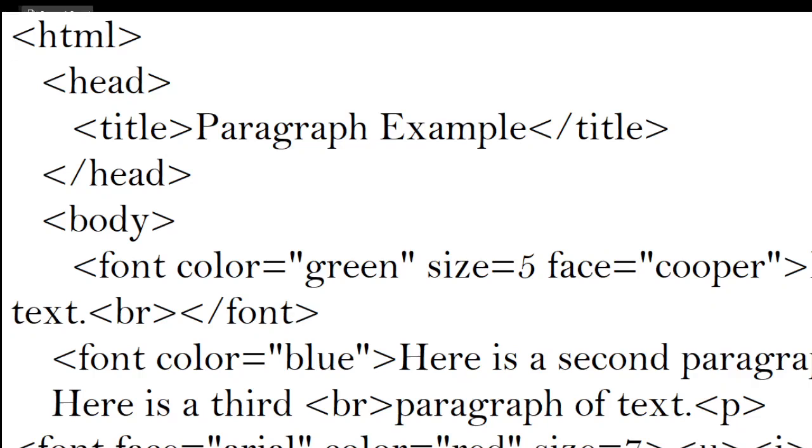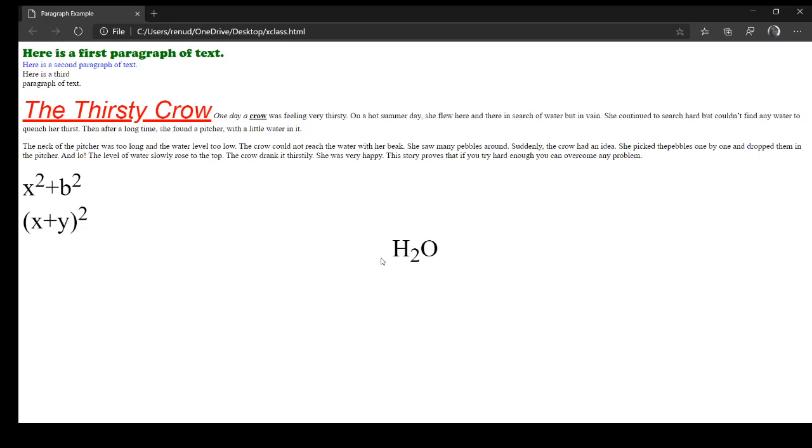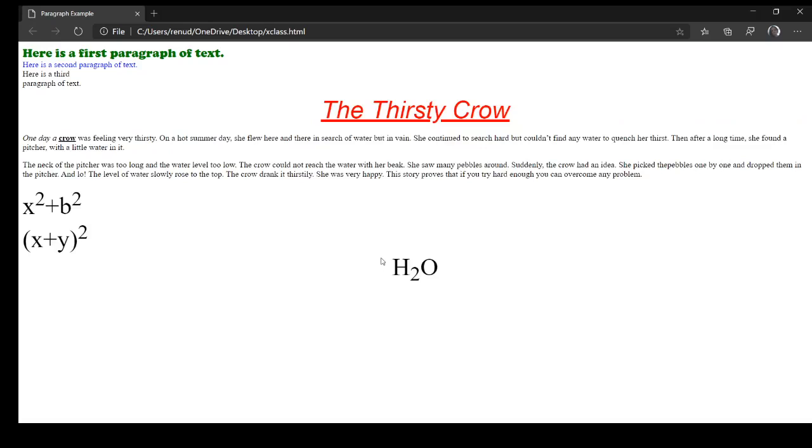So again you can save it with Ctrl+S and minimize your notepad, and after minimizing you can again open your web browser and refresh your web page here. So you can see the output of this document, the thirsty crow in the center of your web document, and after that we had used the BR tag, so our next paragraph one day starts from the next line.